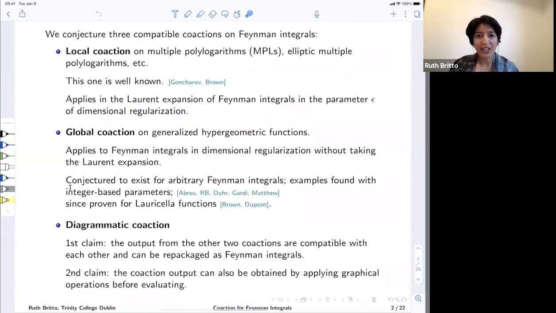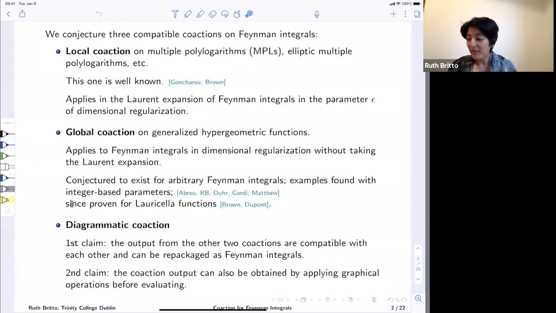But then they're unified in the context of Feynman integrals and their associated graphs. So the first claim is that when you evaluate a Feynman integral according to the Feynman rules and then take either the local or the global coaction, the expression of functions that you get from taking the coaction can be repackaged in terms of Feynman integrals, and notably also cuts of Feynman integrals.